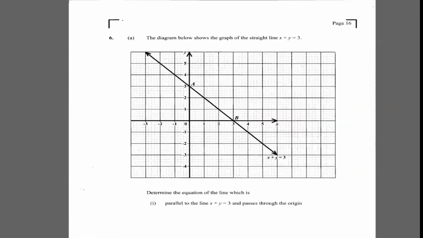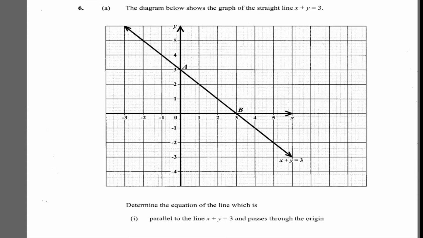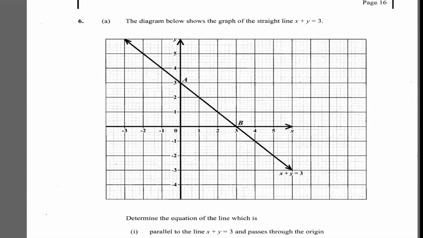Now question 6. Question 6 says the diagram below shows the graph of the straight line x plus y equal to 3. It says determine the equation of the line which is parallel to the line x plus y equals 3 and passes through the origin. So you want a line that looks like this, but instead of passing through 3, pass through the origin.